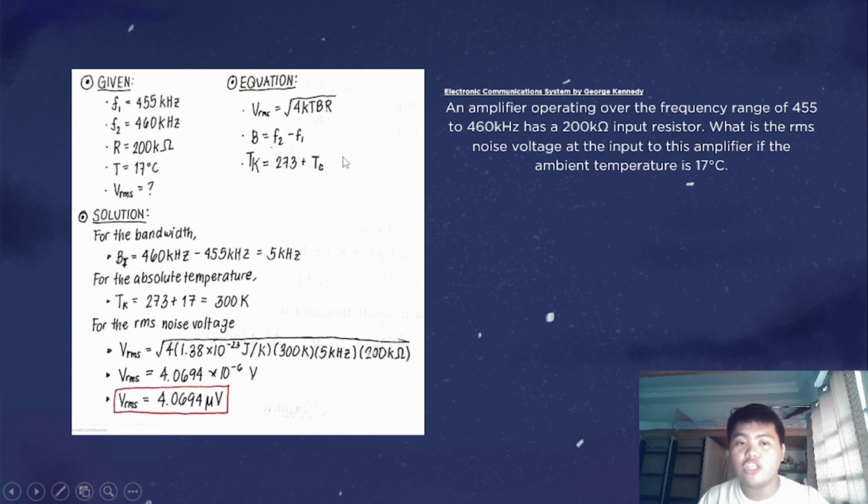For an absolute temperature, we get 273 plus 17, which is 290 Kelvin. So, for the bandwidth, its difference is 5 kilohertz and the absolute temperature is 290 Kelvin. Now we substitute and we get 4.0694 times 10 raised to negative 6 volts or 4.0694 microvolts.